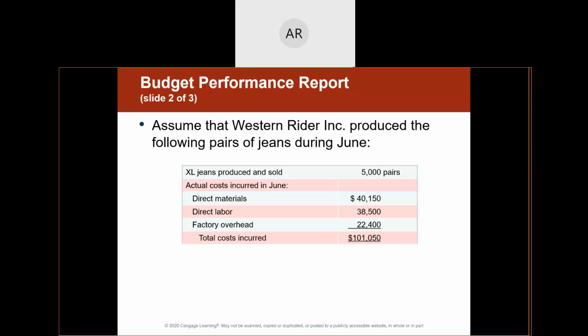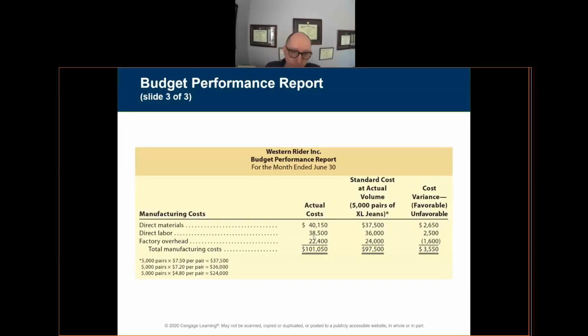You got it. 100% right. Very good. Well done. So yes, Andre is correct. We budgeted for $97,500. Our actual costs were $101,050. So clearly there is an unfavorable variance. But let's look at how and why. Let's see what happened, okay?